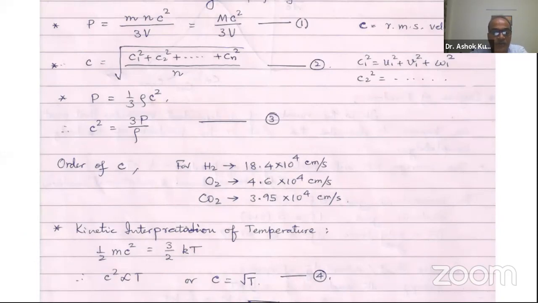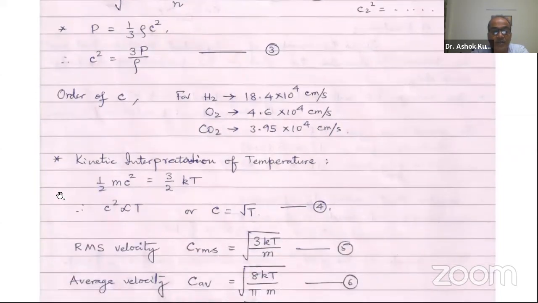So from this relation we find that because m is constant and k is also constant, we can say m is constant for a particular gas, right? So c square is proportional to T, or c is proportional to root T. So we can say that the temperature is nothing but the average kinetic energy, or depends on the square of the root mean square velocity of the molecules.